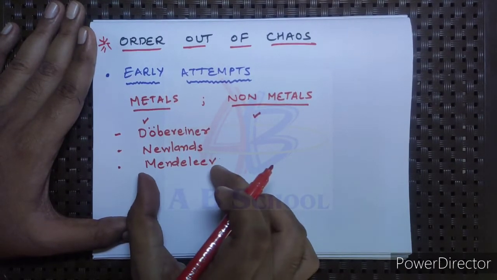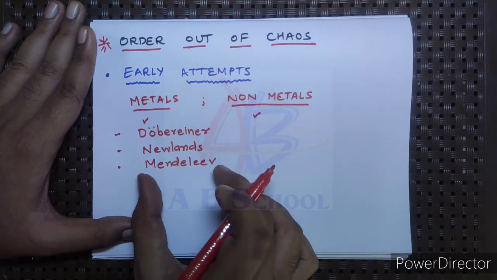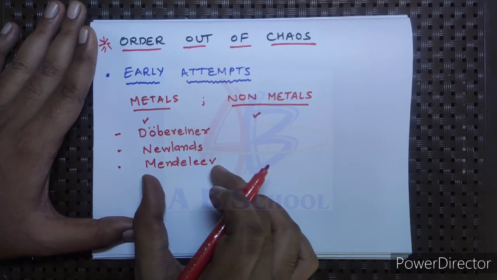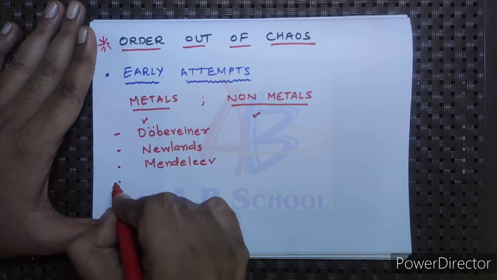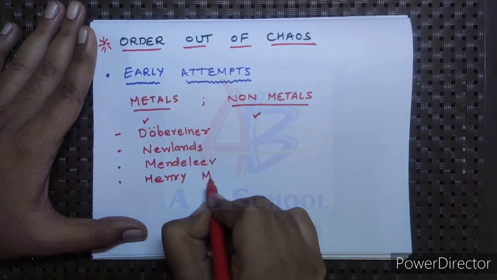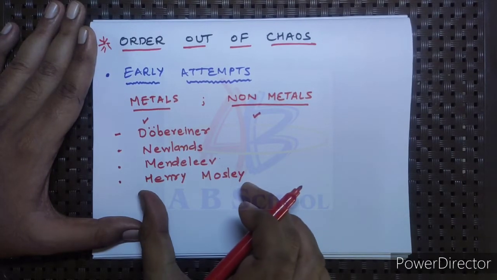You might have heard this name in the modern periodic table. Yes, there is an element called Mendelevium, which is named after this Russian chemist Mendeleev. And last but not the least was Henry Moseley, who gave us the modern periodic table.